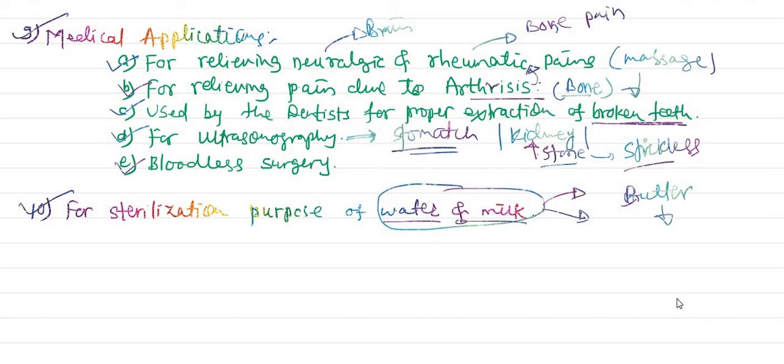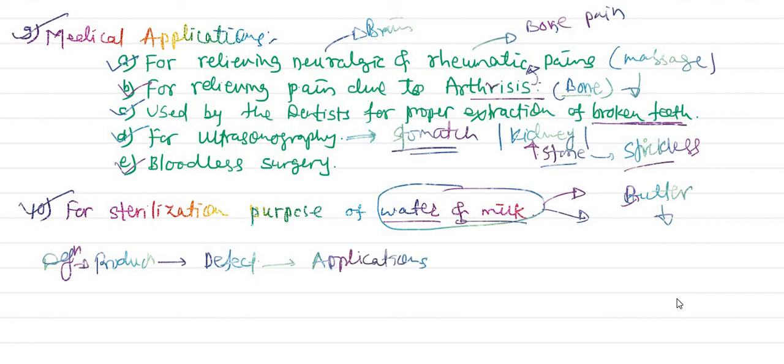So we have learned ultrasonic waves in a very clear manner. First of all we saw the definition or the basic thing, what is an ultrasonic wave, then we saw the production, then the detection, how to detect, and then the applications. So this is the basic thing.